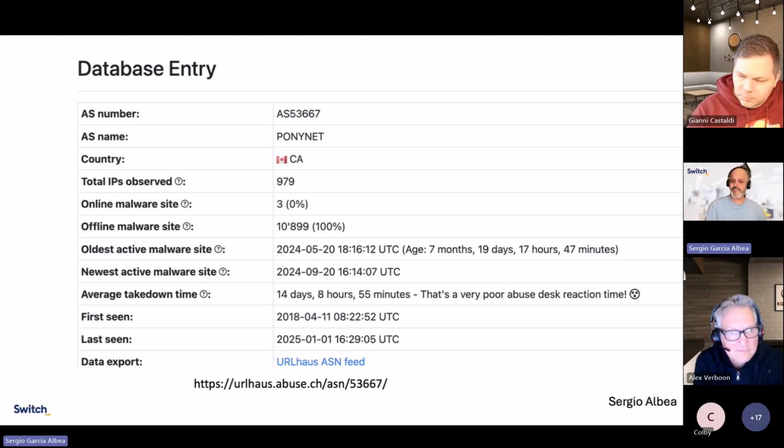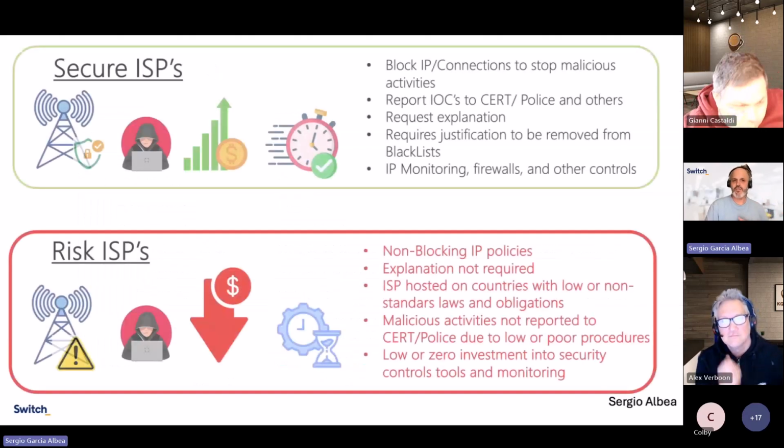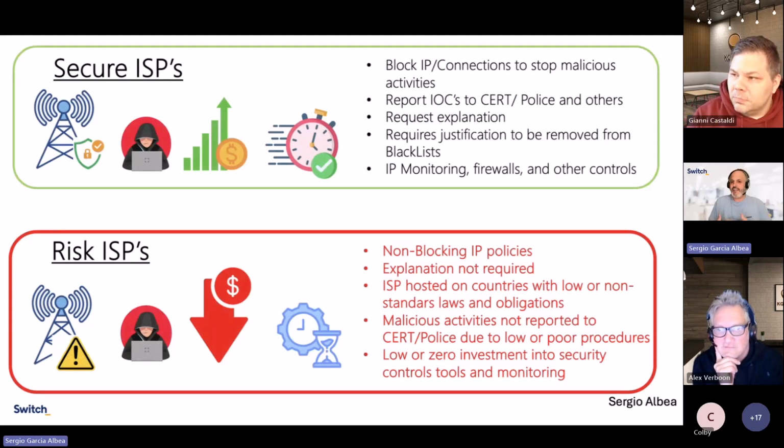So as a hacker, you can imagine that instead of going the more secure way, I will publish some malware or I will carry out some malicious activities using the less secure ISPs at the end. And of course, then there are different explanations or justifications when they detect that some of their IPs, their autonomous systems, are triggering some malicious activities.